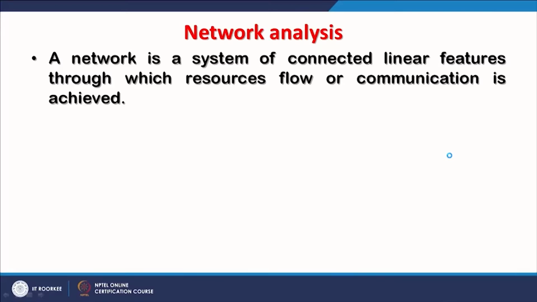And a network is a system of connected linear features through which resources flow or communication is achieved. Now I have already given examples of various kinds of networks which we see in our day-to-day life. One network is from a natural system, like a drainage network or canal network, and there might be an electricity power cable network.